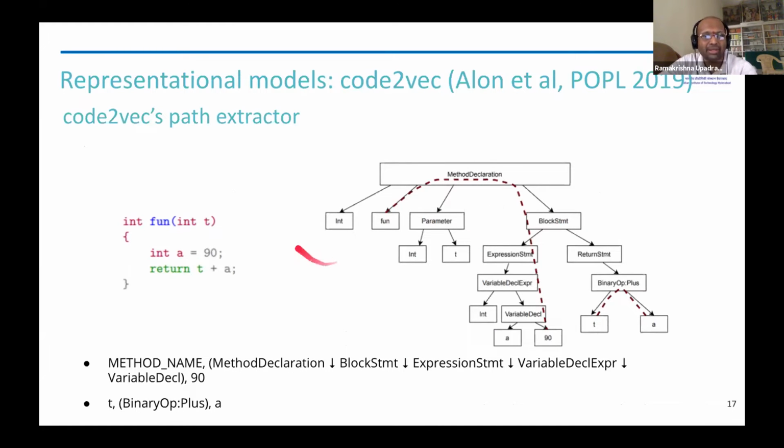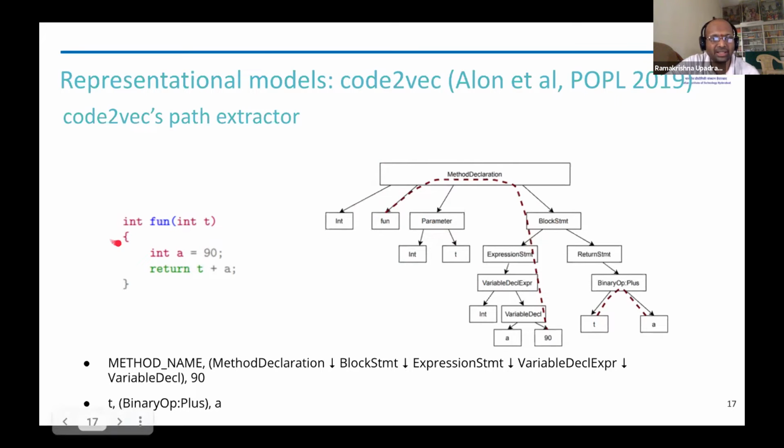Very standard compiler thing. You have source code: fun with int t, and then int a equals 90, return t plus a. Bear with me for 10 seconds while I go through what an AST is. An AST is like a tree which is a pruned parse tree. The function has parameters with two children, int t, and then you have a block statement.